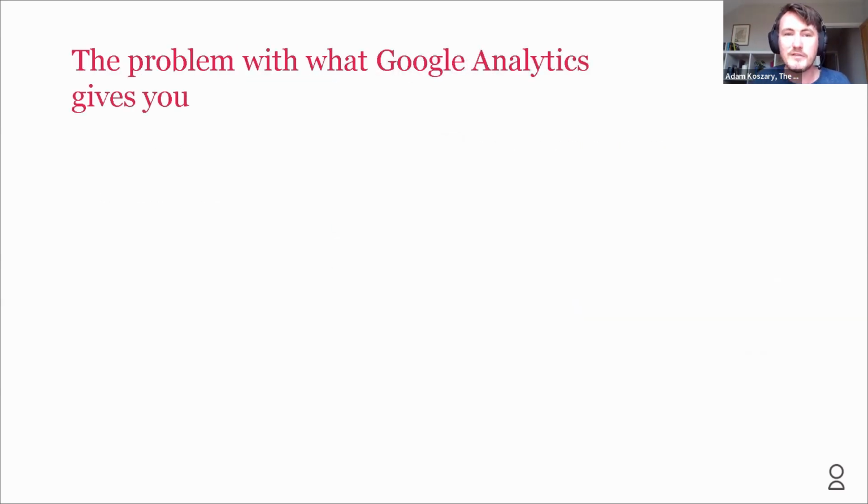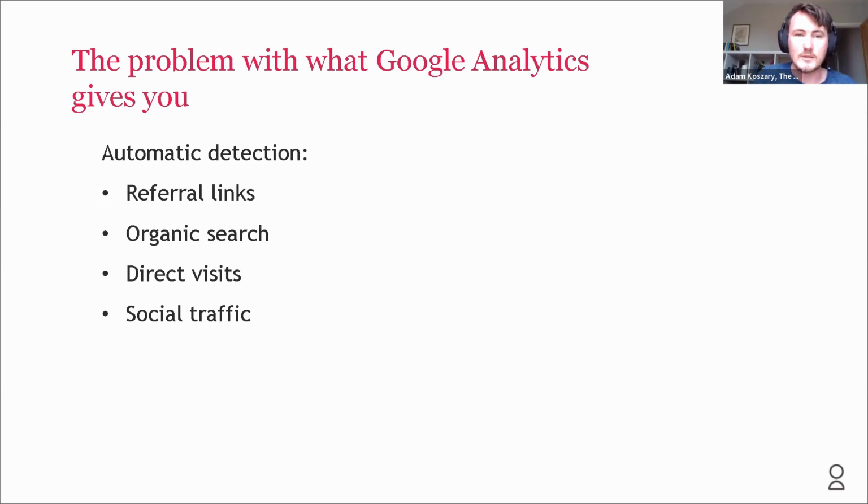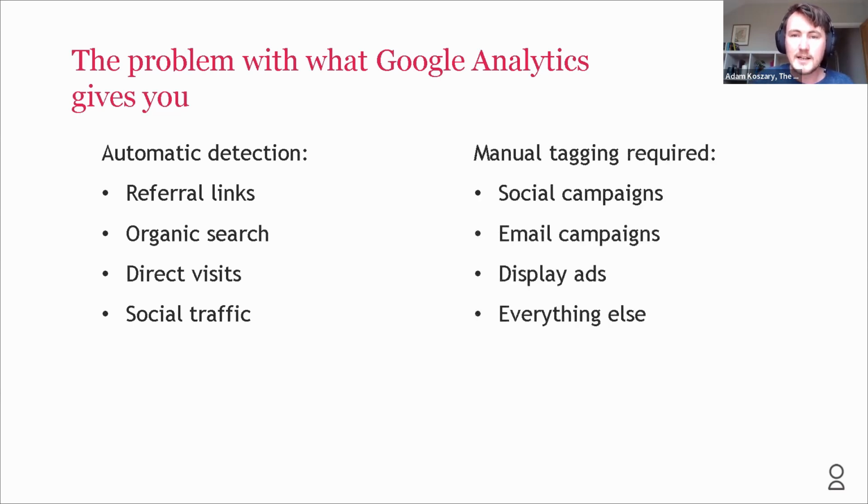Now, the problem with this is that while Google automatically tells you where all these links have come from and how many of those links have been clicked in these different buckets, it doesn't really tell you which traffic has specifically come from your own campaigns.